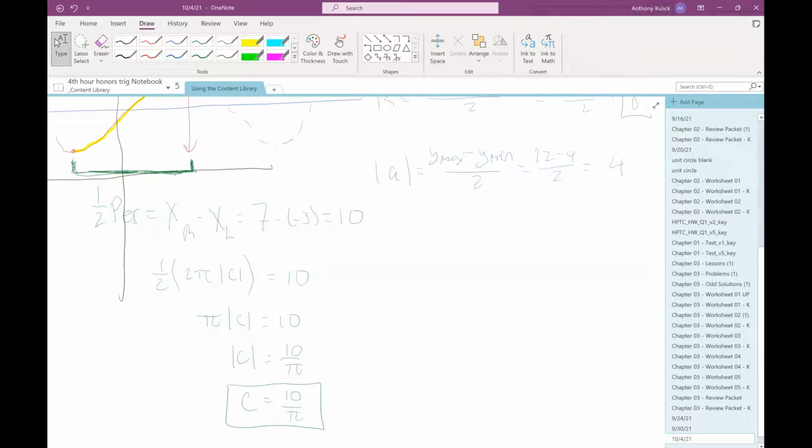Now let's find our h and the sign for a. Same way we have before. In this problem, would it be easier to use sine or cosine? Cosine. Why? We're given maxes and mins, right? That'll make life a little bit easier.